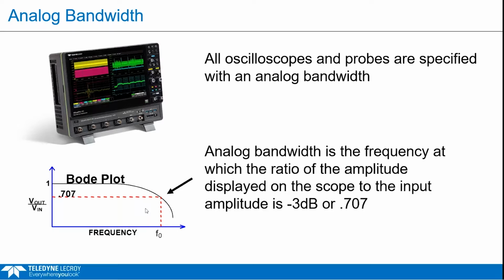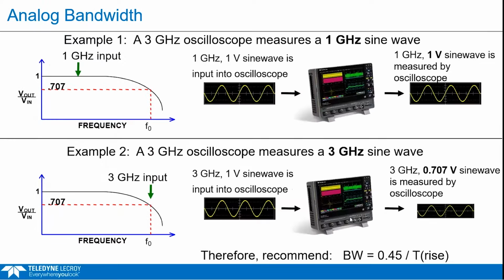So if the content of your waveform has high frequency, this is what happens to the frequency content. It will attenuate the higher frequencies at this rate. So we always like to get a recommended bandwidth that takes into account this roll-off. You want 2 to 3 times the bandwidth of the scope to the maximum frequency you have in your signal.